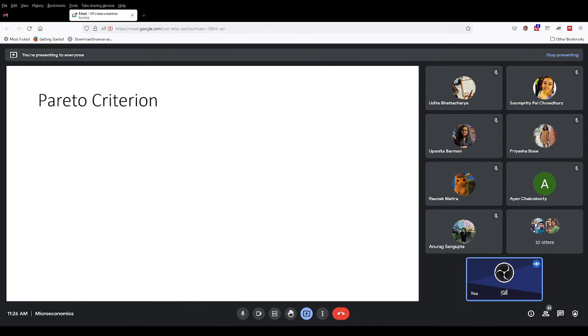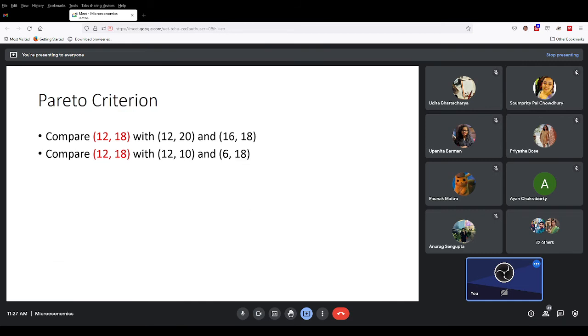So then Pareto came up. Or rather, he was there already. Okay, if you compare 12 and 18 with 12 and 20, what is happening? B's utility is going up. A is same, B's utility is going up. 12, 18 and 16, 18, B's utility is same, A's utility is going up. In this case, the opposite is happening.